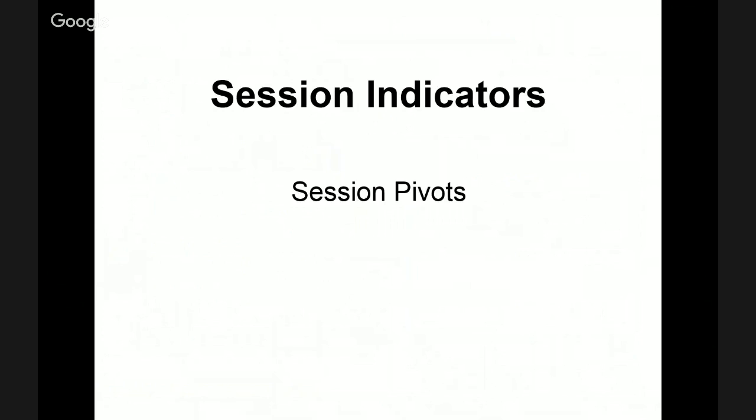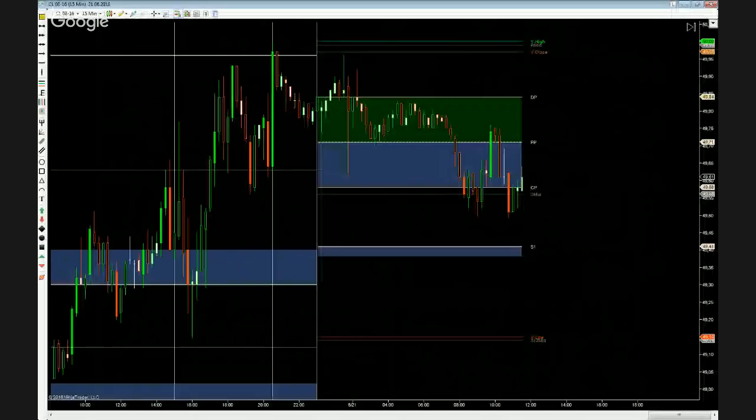And that template may consist of one or several subsessions. For the regular floor session pivots, a specific regular trading session should be used as described in this video. So let's just have a quick look at that in the chart here.